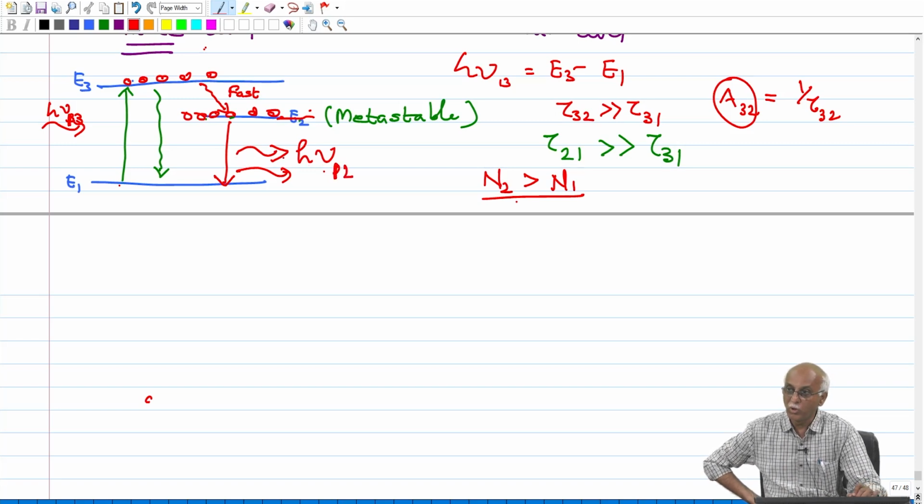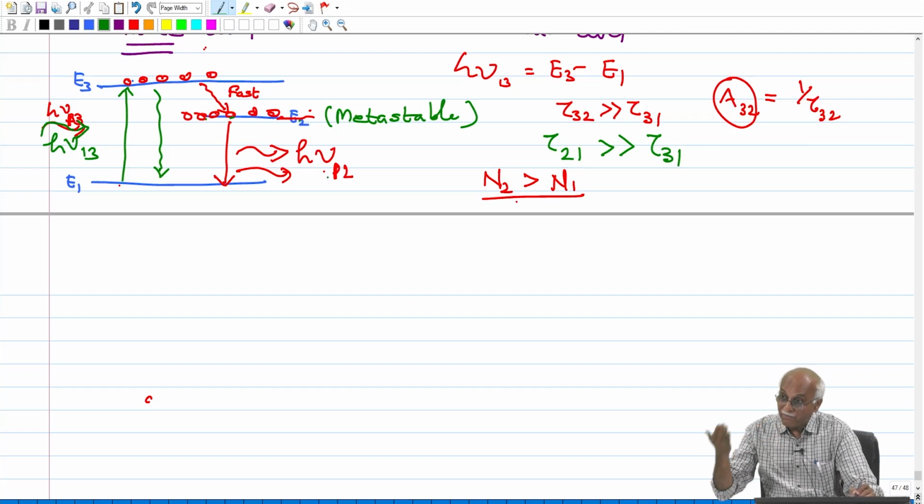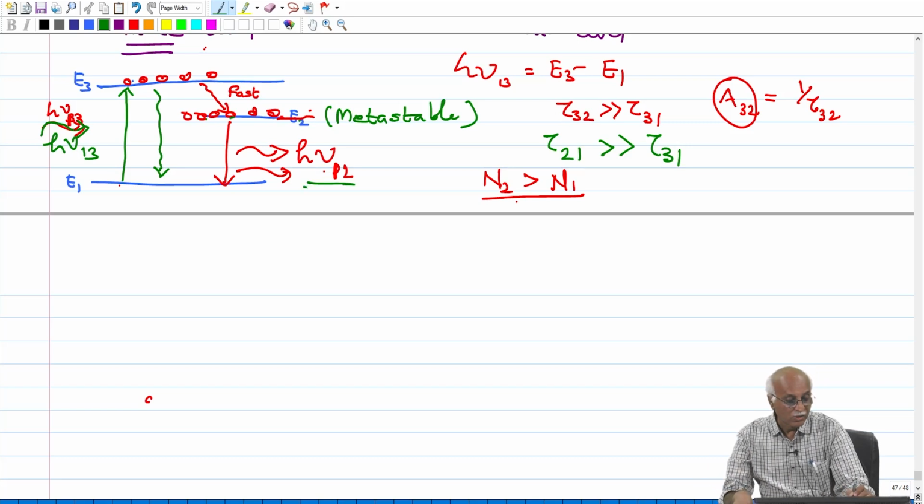The photon energies are different: the input photon energy is h nu 13, since pumping is at the 13 photon frequency, while the output, where stimulated emission and amplification dominate, is at nu 12.